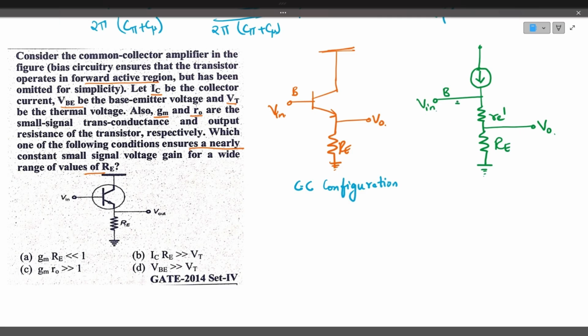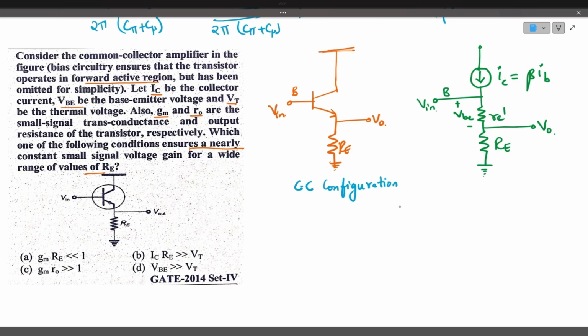So this is basically VBE. This particular voltage is VBE, base emitter voltage, that is the voltage drop across the emitter model resistance. Now, if you see, this is the collector current IC, which can also be written as beta into IB.